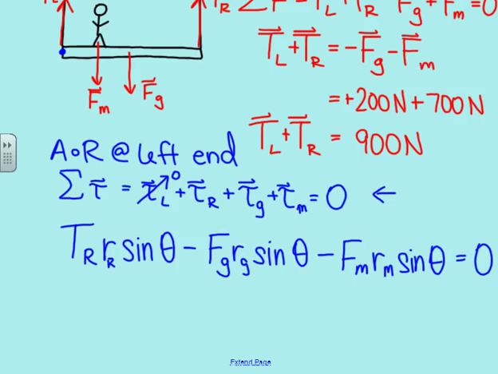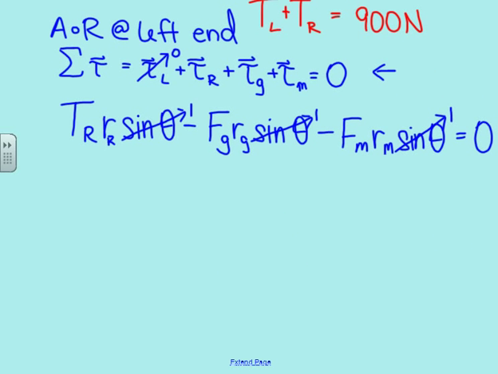Looking at my picture, my radius is always going to be horizontal. My forces are all vertical. That means my thetas are all 90 degrees. And the sine of 90 is 1. So I'm going to cross those out so I have less to deal with. The right tension is my unknown here. So I will eventually solve for that after simplifying my equation.